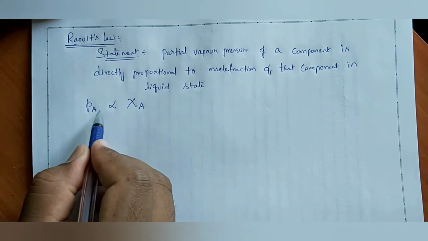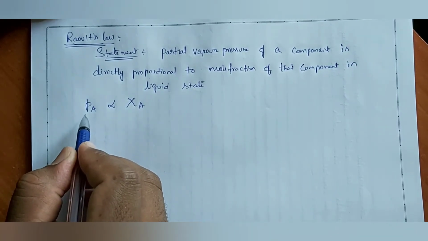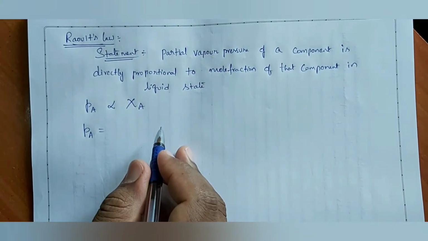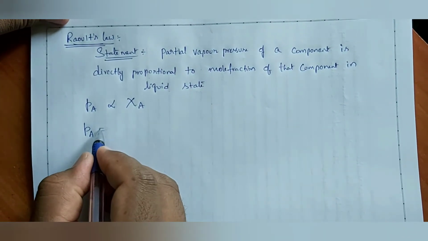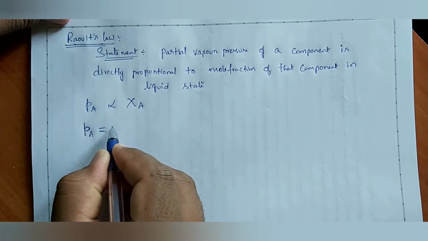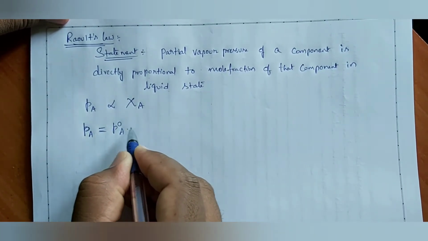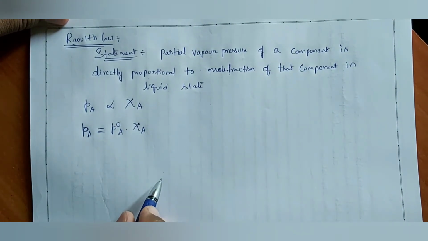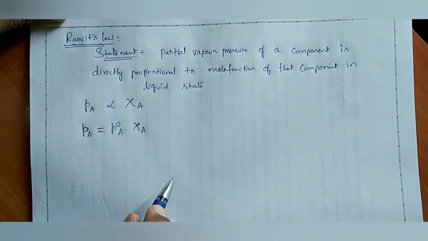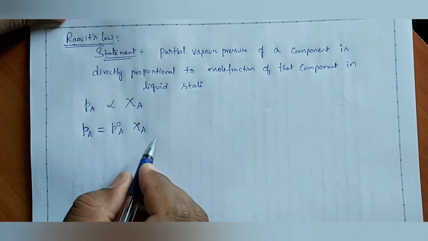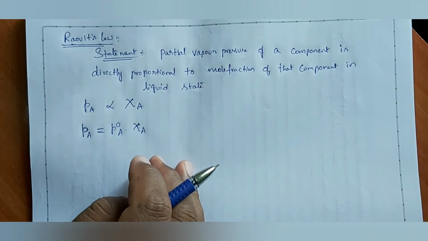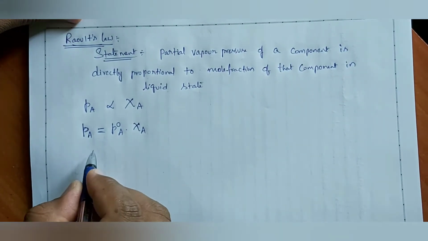Pa is the partial vapor pressure of the A component. Then Pa is equal to some constant at a particular temperature: Pa is equal to P naught A into chi A. What is this P naught A?